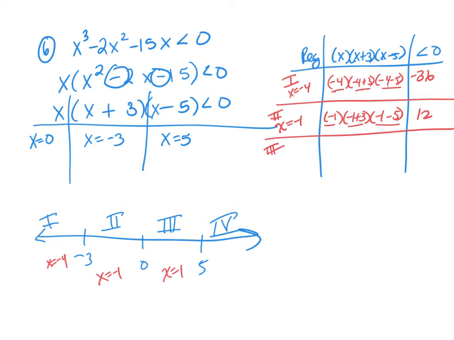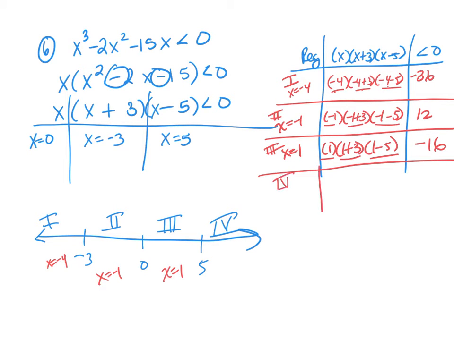Let's do positive 1. 1 plus 3, 1 minus 5. 1 times 4 is 4, times negative 4, negative 16. And region 4, let's do x is equal to 6. 6 plus 3, 6 minus 5. And that's going to be 6 times 9 times 1. And that's 54.